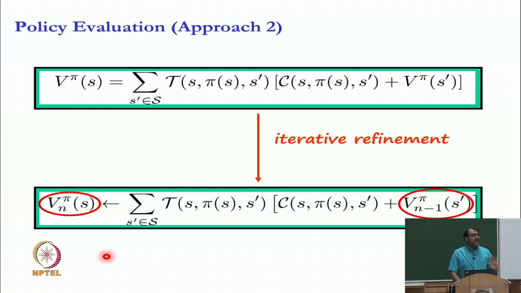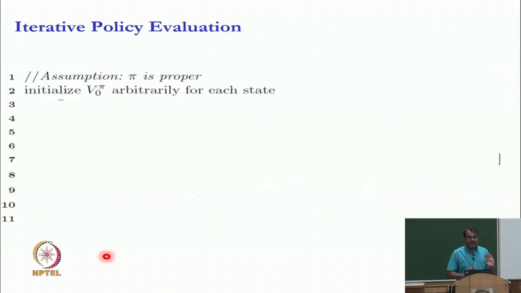So, this is your pseudo code. Let us work with this together, so that we understand this. There is one assumption which I was trying to hide under the rug, but I will quickly say it: the assumption is that your policy pi is proper. Proper means that eventually you will reach the goal from every state.